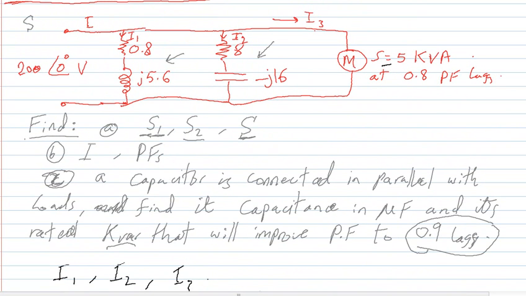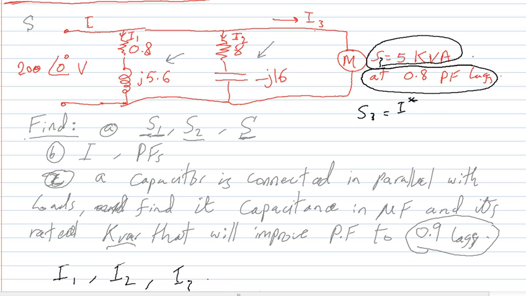He gave us the apparent power of the motor and the power factor, and we know that S3 of the motor is equal to I3 conjugate multiplied by the voltage. So we need this in complex form, which means that we need to know the angle of this power factor.